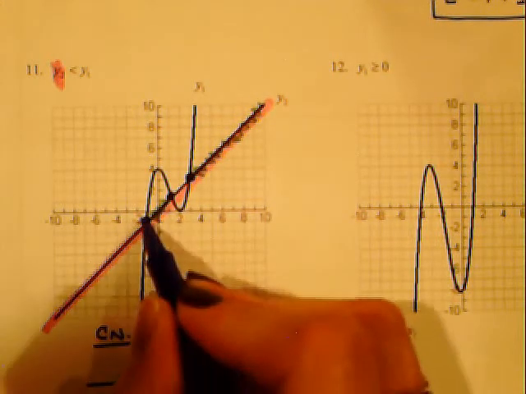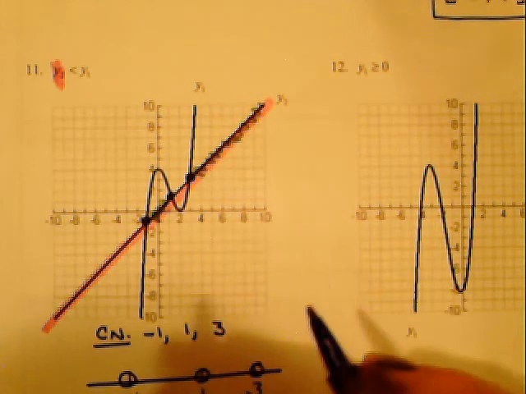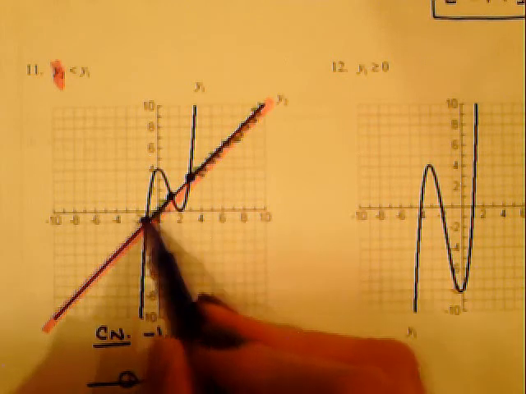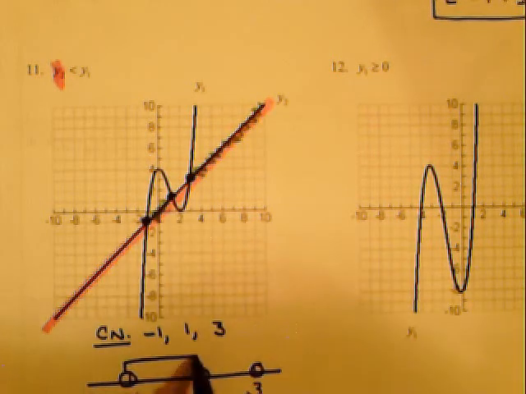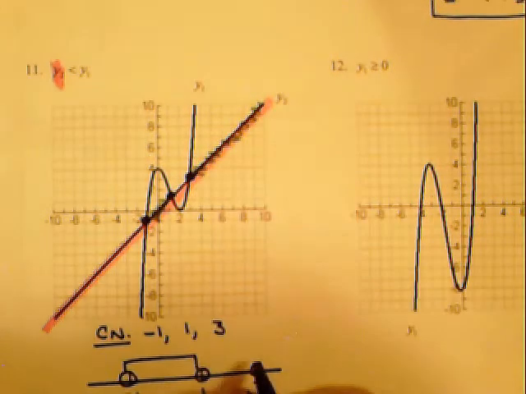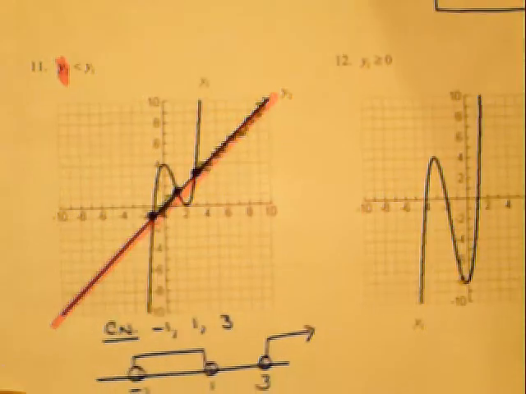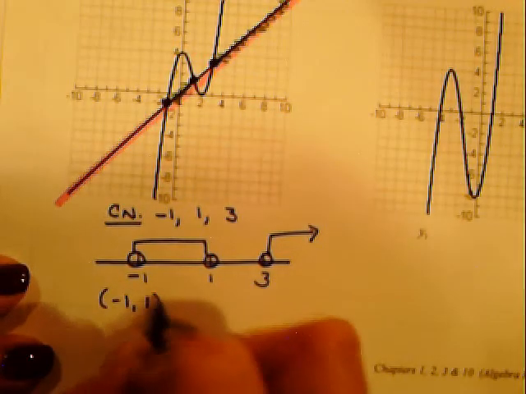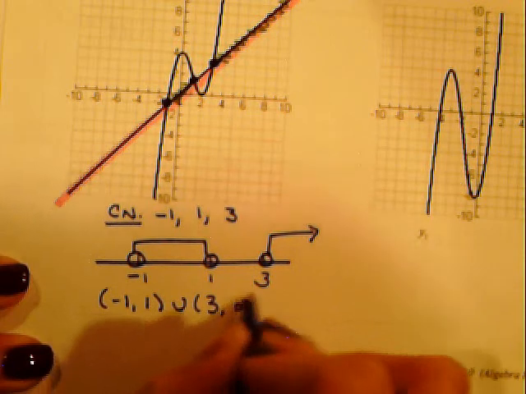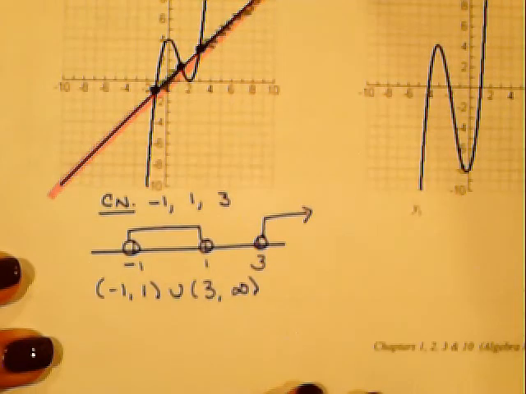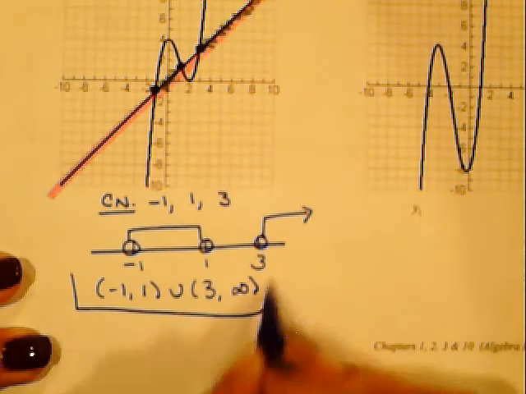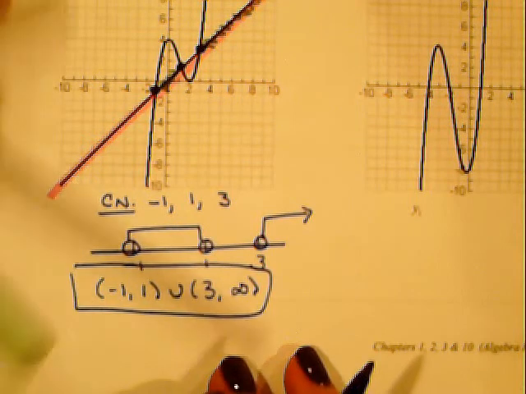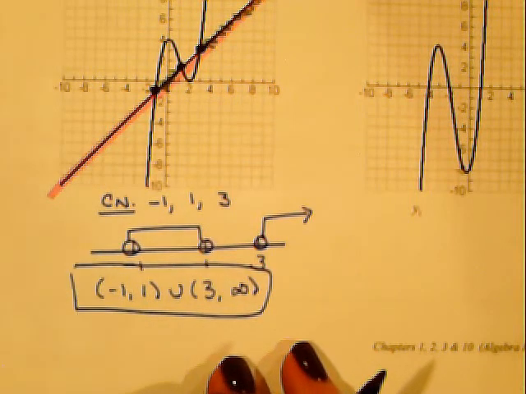So again, my solution set's going to have to be between -1 and 1, and then 3 to infinity. So then in interval notation, my solution will be -1 to 1 and 3 to infinity. So we'll be comparing the y values. Where are the y values less than that of y1?